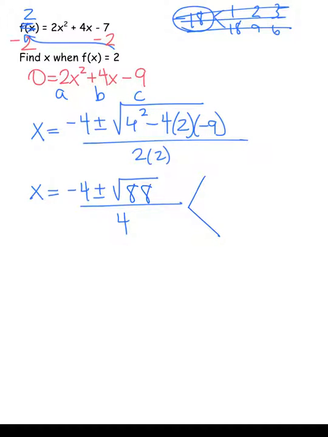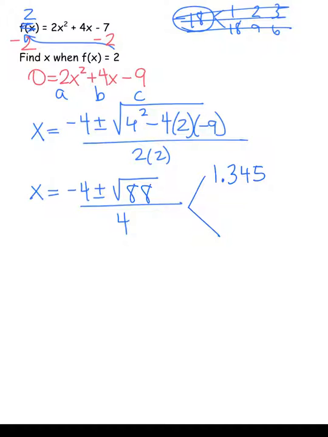I'm going to type negative 4 plus the square root of 88, and I'm going to press equals, divide by 4. You have to press equals before you divide by 4 so that the calculator will add the numbers on the top together before it divides. If you don't hit equals, it divides the square root number before it adds, so it gets a very different answer.